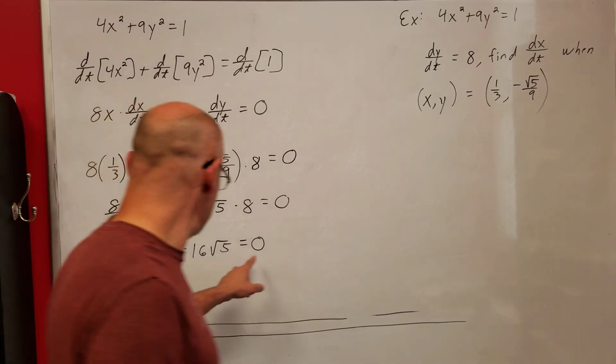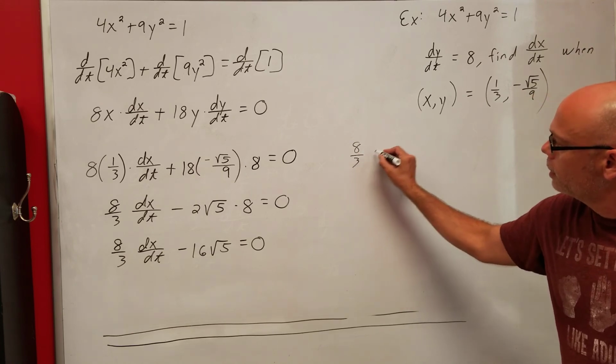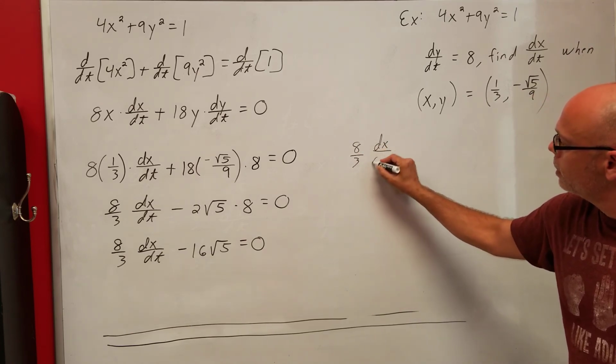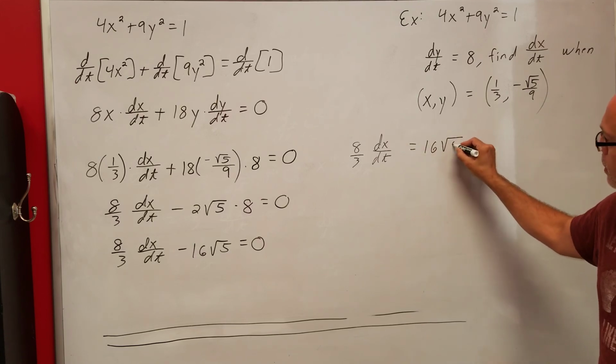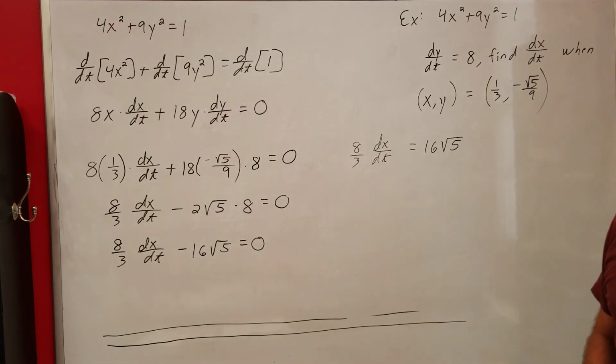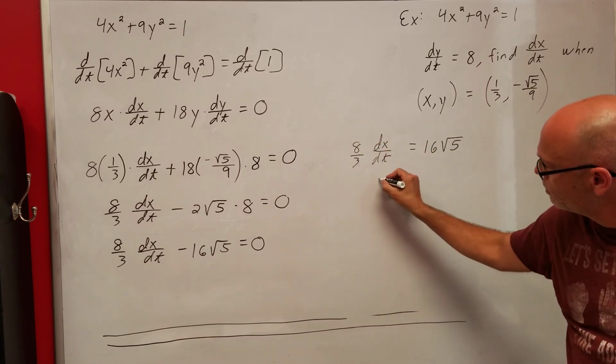Now let's go ahead and add 16 square roots of 5 to both sides. So we'll get 8/3 dx over dt is equal to 16 square roots of 5. Then we multiply by the reciprocal. Multiply by 3/8 on both sides.